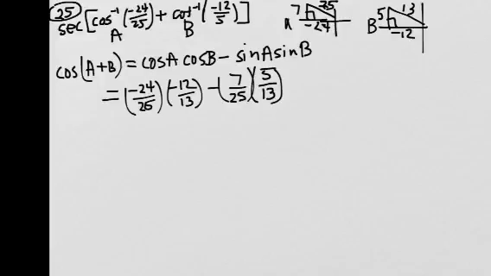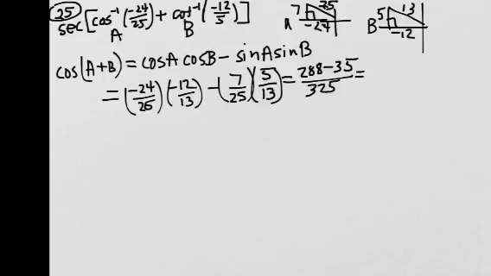From there you just simplify the expression. So we get, let's see, negative 24 times negative 12 is 288. And then 7 times 5, 35, all over 25 times 13, which is 325. And so subtract 35 from 288. Sorry, did I subtract wrong?